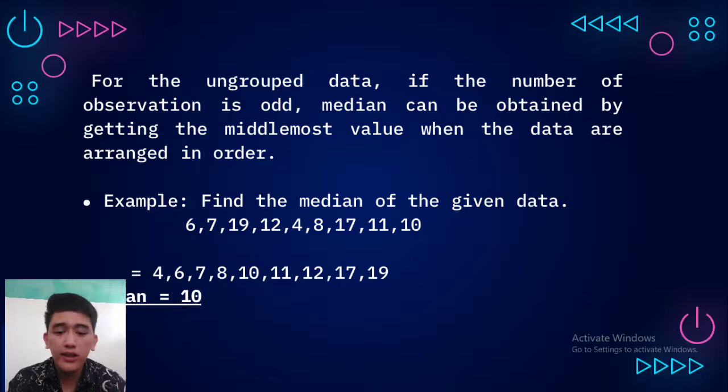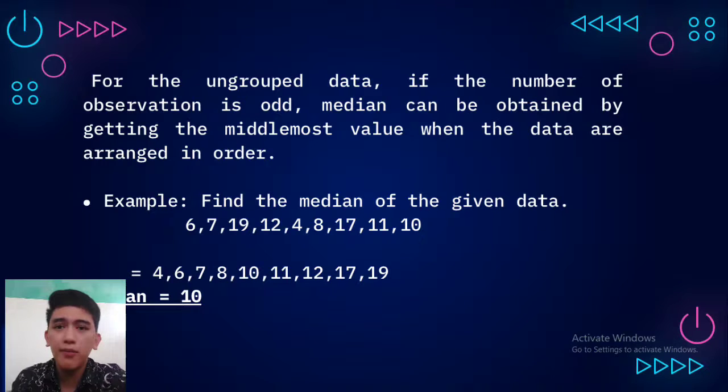First, arrange the data in ascending order. We will have 4, 6, 7, 8, 10, 11, 12, 17, and 19. Since 10 is the middlemost value, the median of the distribution is 10. Okay, naintindihan naman siguro dahil simple lang ito at napag-aralan na natin ito.